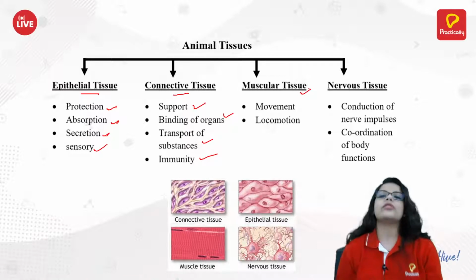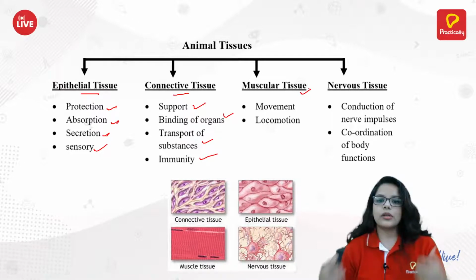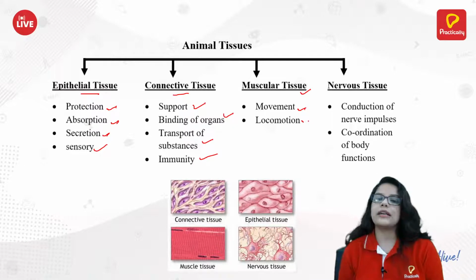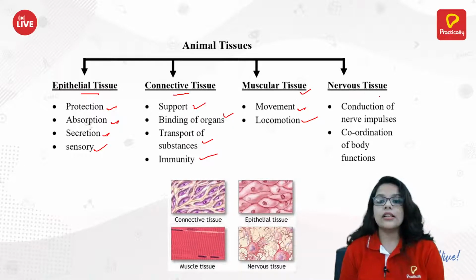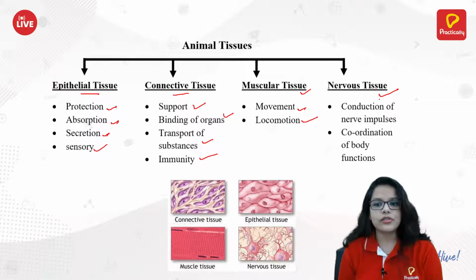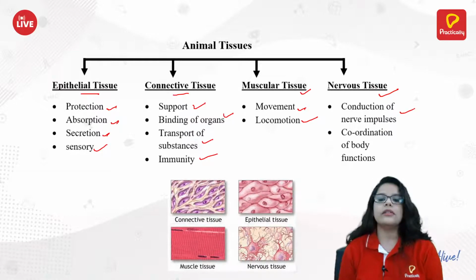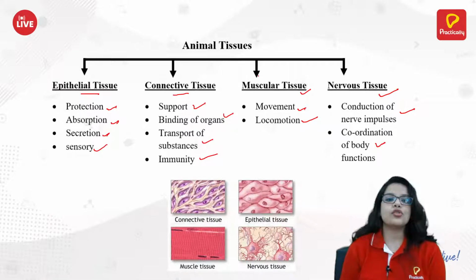Muscular tissue, whenever we talk about muscles, is mostly for movement and locomotion. And then nervous tissue. We know the nervous impulses, etc. That is done by the nervous tissue. The coordination of body functions, etc. are handled by the nervous tissue.